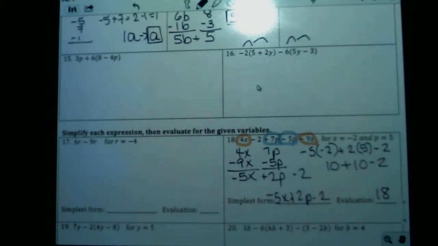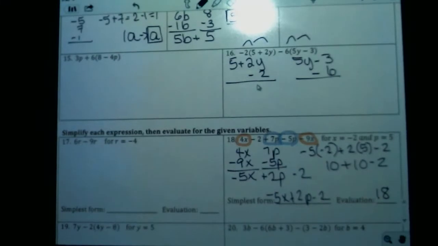So you're going to have 5 plus 2y times negative 2. And then you're going to have 5y minus 3 times negative 6. And then you'll need to add those together. So that should be it for this review. So you're going to go ahead now and work on this review. Remember, it's not touch screen.